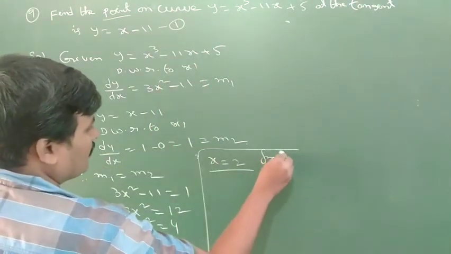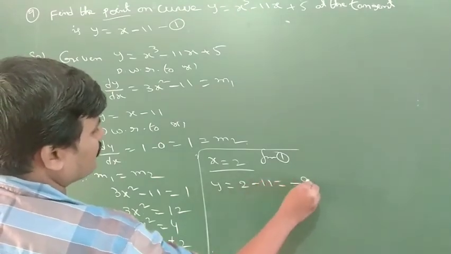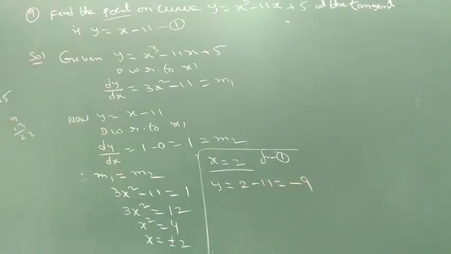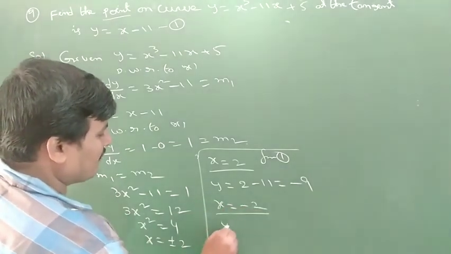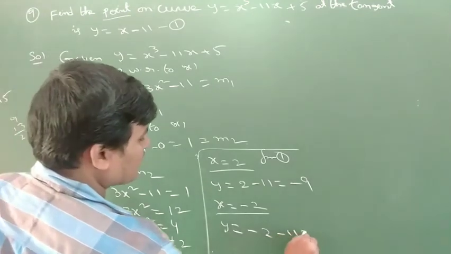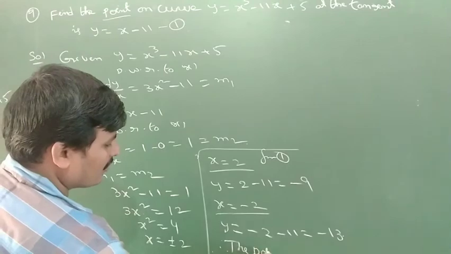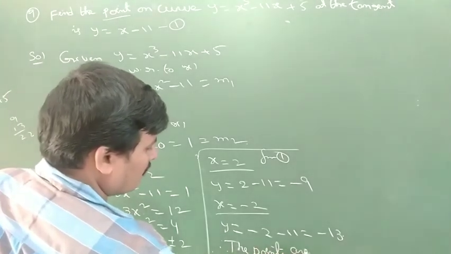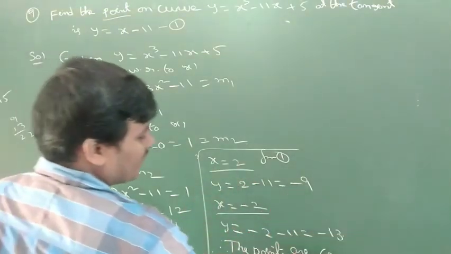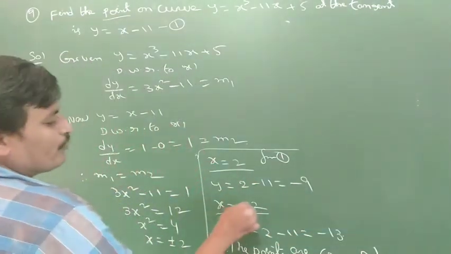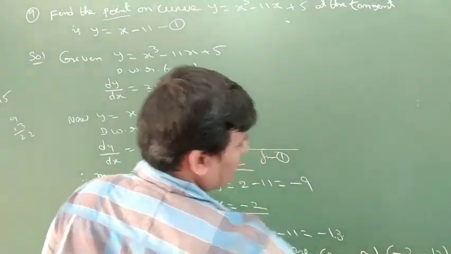Using the tangent line equation, y is equal to 2 minus 11, that is equal to minus 9. For x equal to minus 2, y is equal to minus 2 minus 11, that is minus 13. So for x equal to 2, we get minus 9, and for x equal to minus 2, we get y equal to minus 13.